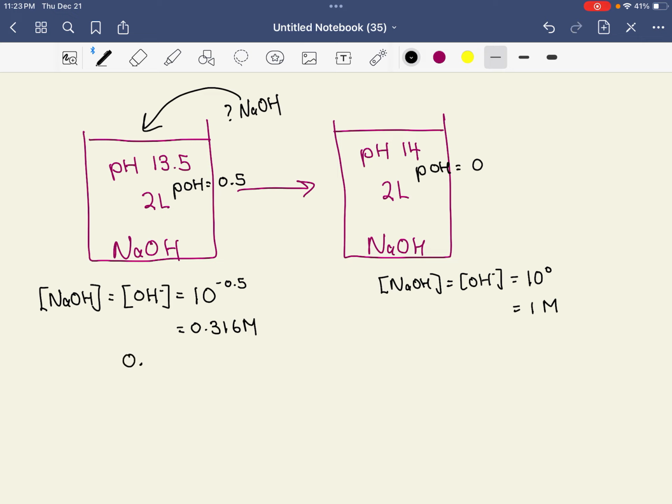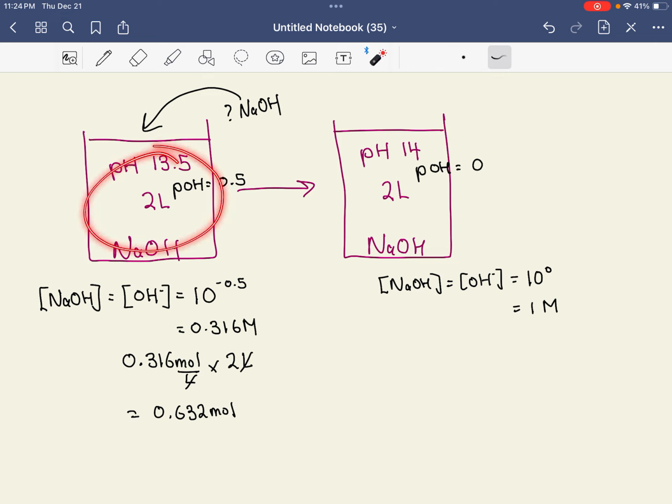Because we do have volume, 0.316 mole per liter times 2 liters. That will be 0.632 mole. So inside this beaker, there is 0.632 mole of NaOH.